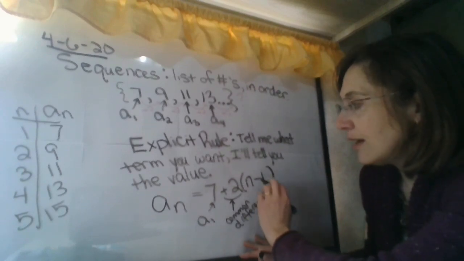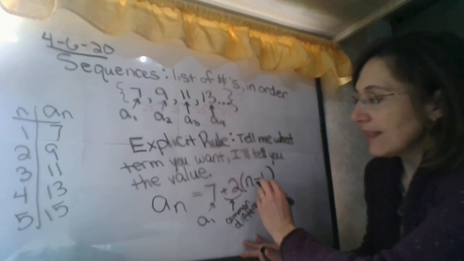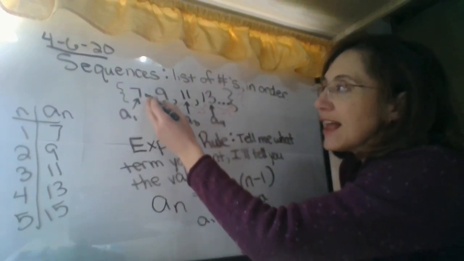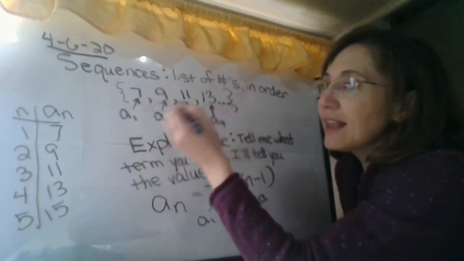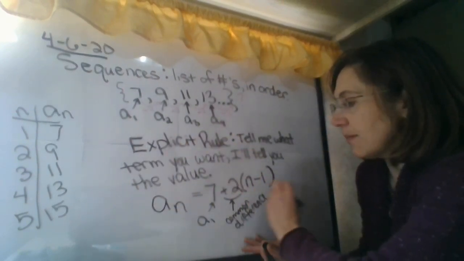The n minus 1, the n tells me what number of the sequence I'm on, and the minus 1 is there because I have to add 2 one less time than the number of the term that I'm looking for, so n minus 1.